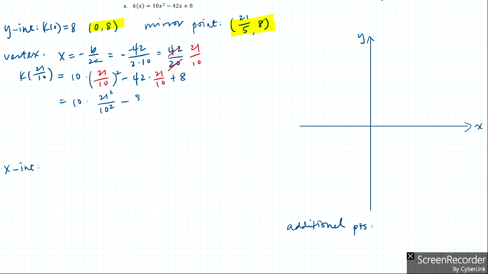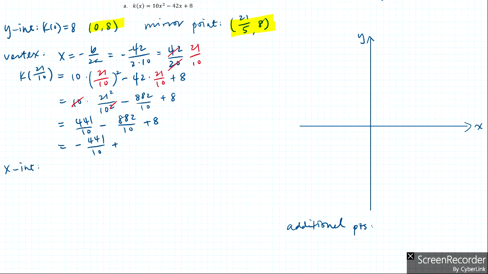The 882 over 10 plus 8, we're going to leave as is. The first term, the 10s cancel each other out, and you're going to get 21 squared, which is 441 over 10, minus 882 over 10 plus 8, and that gives us negative 441 over 10 plus 8.